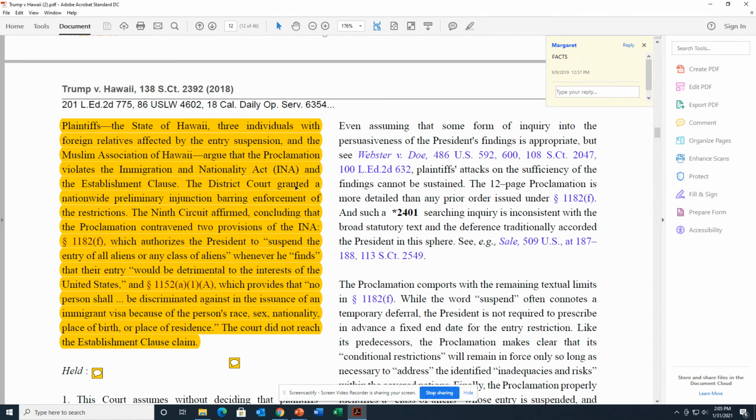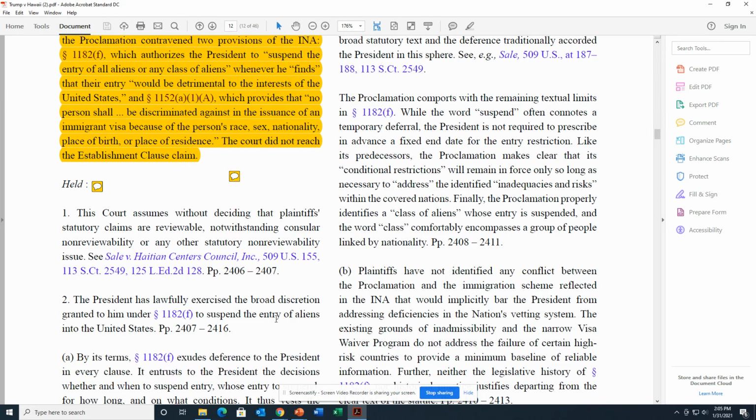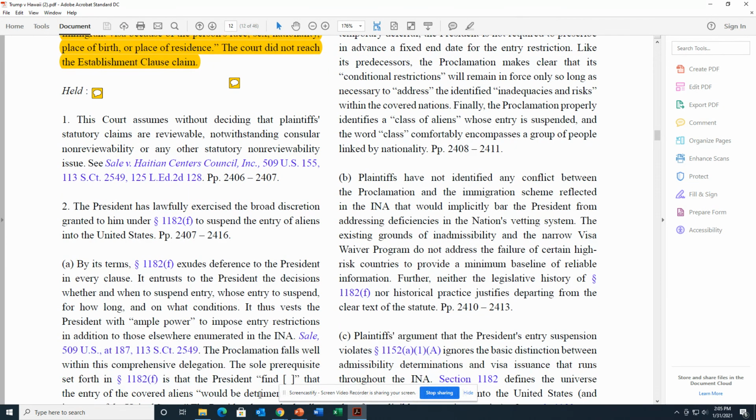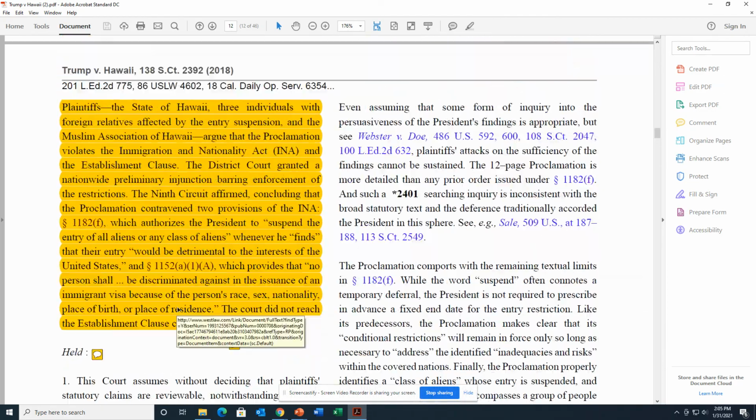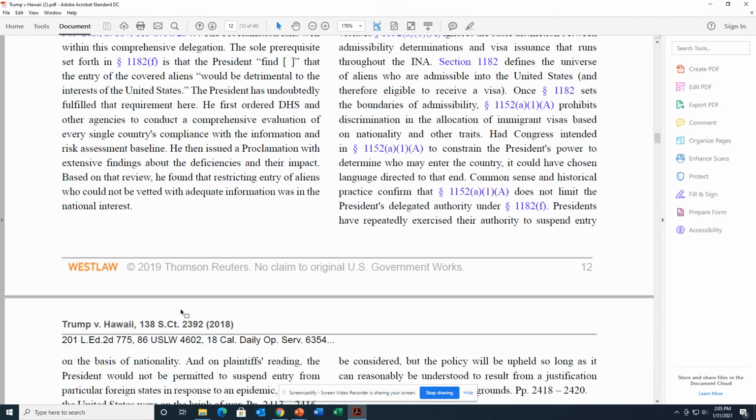And then here's the judicial history. District court granted a nationwide preliminary injunction. Okay. And this is the holding. So this is the end, right? The answer to your issue questions right here. Those are my Supreme Court holdings. That's kind of the end. So they're giving you everything out in the beginning.